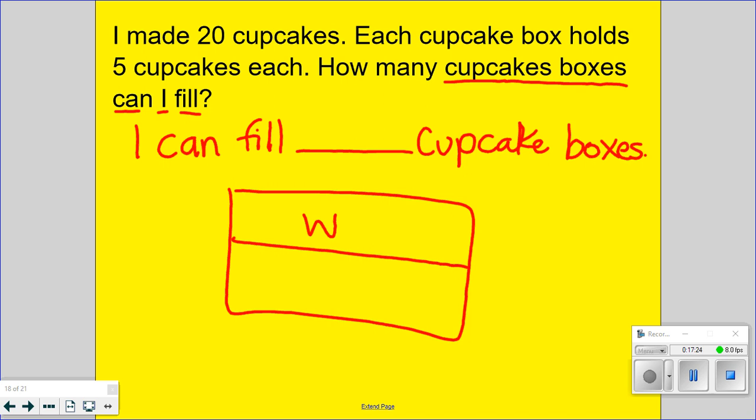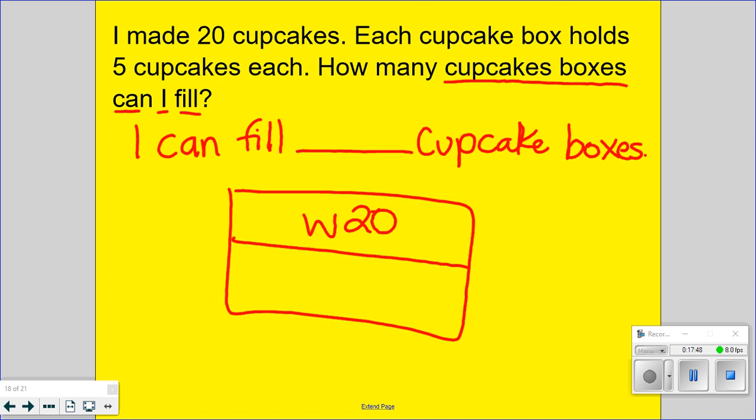Do I know the total cupcakes? Yeah. Do I know the total of cupcakes? Yes. Carl? It is 20. It told us, first sentence. That's our total. I got 20 cupcakes.